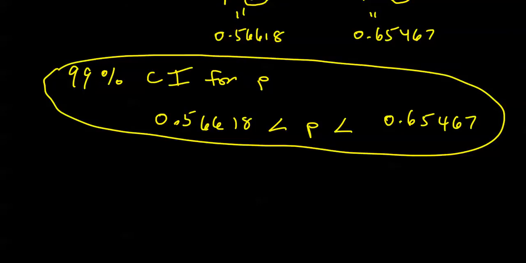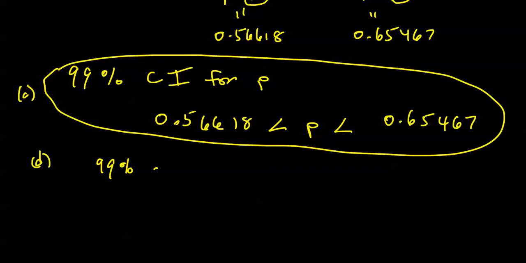Alright, so this is the confidence interval estimate we seek. Actually, this is the answer to part C in our textbook, and part D asks for an interpretive statement. And I'll write something like this: 99%.